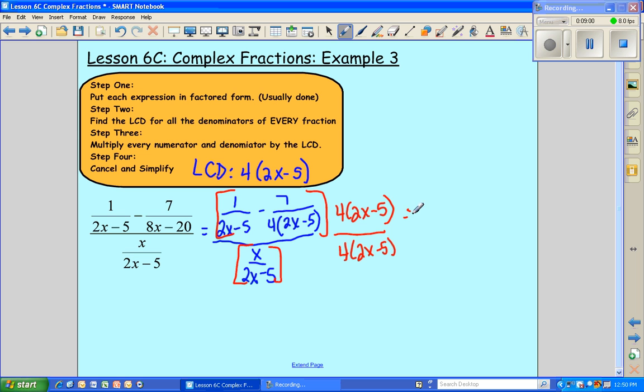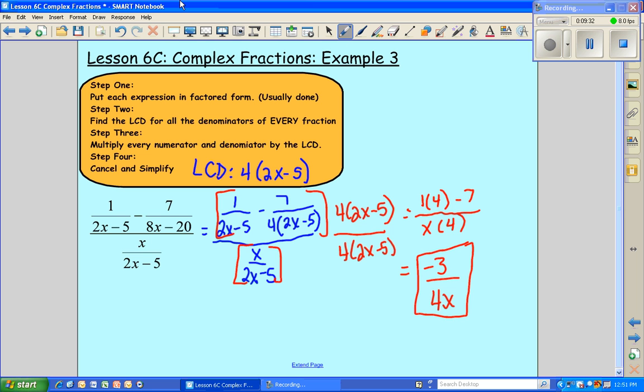The first one, you're just going to be left with the 1 and then the 4, because the 2x minus 5s are going to cancel out. And on the second part, both the 4 and the 2x minus 5 cancel out, so you just have that 7 that was there. And this one, the 2x minus 5s cancel out, so you're left with the 4. And so what we have is negative 3 over 4x. And there's nothing that we can do with that, so we're finished.